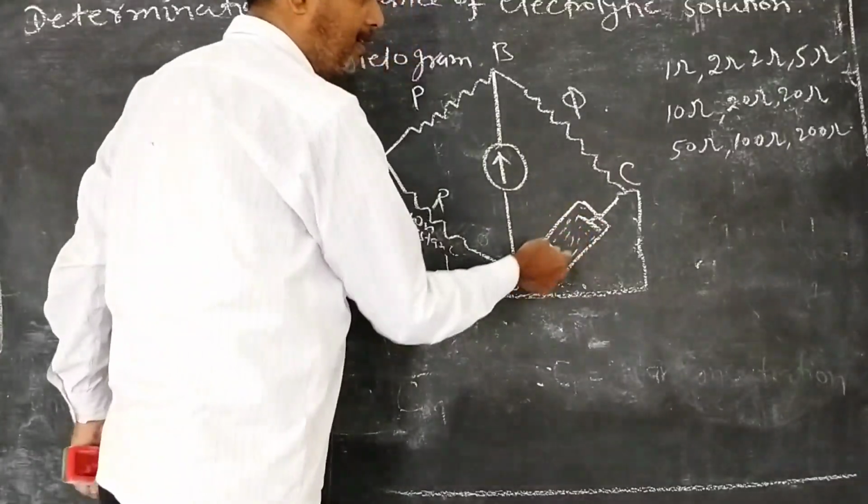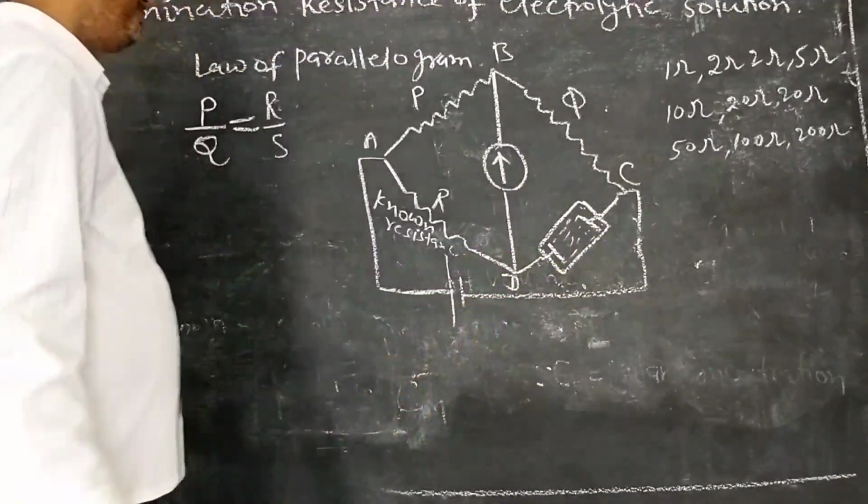Container filled up by the electrolyte having 2 electrodes is known as cell.